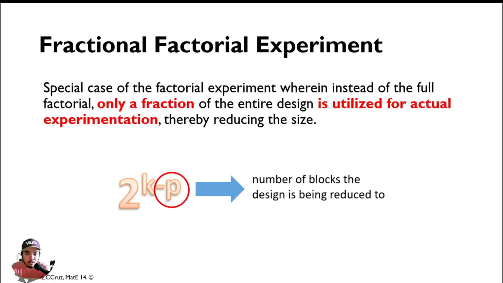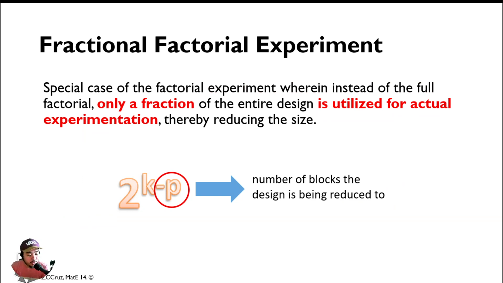Okay? So a 2 to the k or a fractional factorial design is usually expressed in this notation, no, 2 to the k minus p, where this p here is the number of blocks that the design is being reduced to, or more accurately, this is 2 to the p, yung number of blocks that you are reducing your design to.